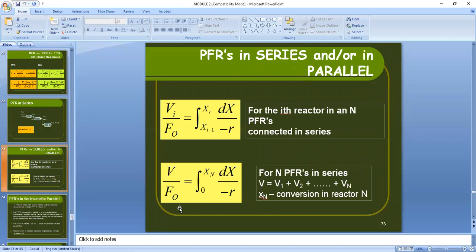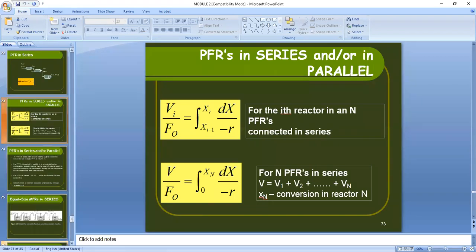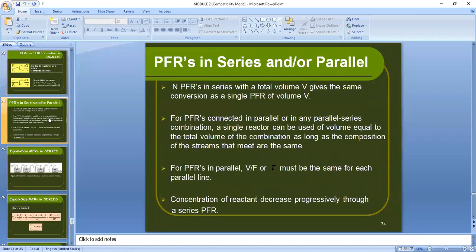We are allowed to take the sum of the volumes of the individual PFRs in our series. Now, the generalizations and principles related to PFRs are all summed up here. N PFRs in series with a total volume V give the same conversion as a single PFR of volume V. For PFRs connected in parallel or in any series-parallel combination, a single reactor can be used with a volume equal to the total volume of the combination, as long as the composition of the streams that meet are the same.